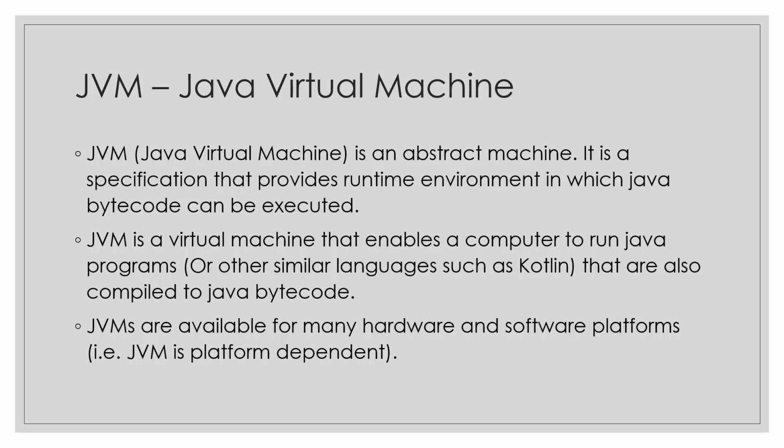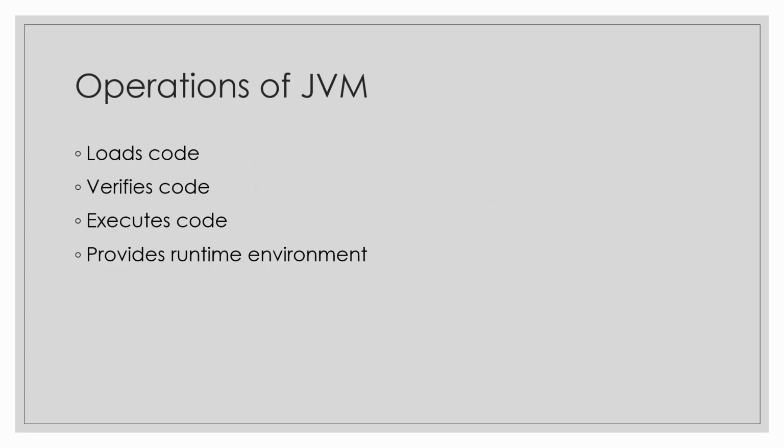So Java code is executed by it, so that it enables the computer to run Java programs or similar languages such as Kotlin that are also compiled to Java bytecode. So it helps run the program. JVMs are available for many hardware and software platforms, that is, JVM is platform dependent.